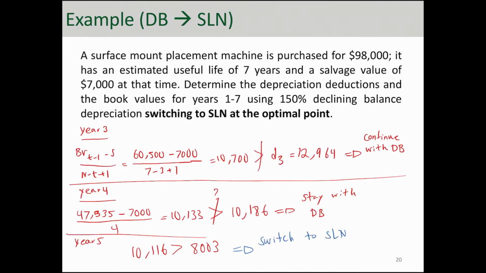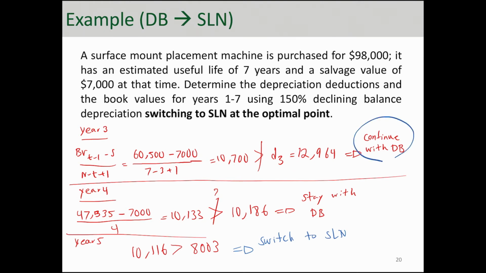In fact, I did that for the example that we've been studying. In that example, I jumped into year 3. I didn't waste my time doing year 1 and 2, but if you don't know where exactly is the optimal point, you got to start doing this from year 1. But in year 3, I calculated the ratio. It turns out that ratio is not greater than declining balance depreciation.